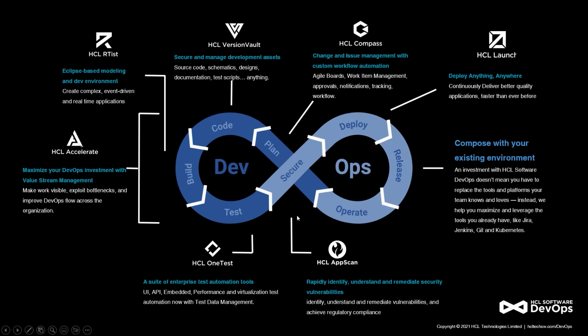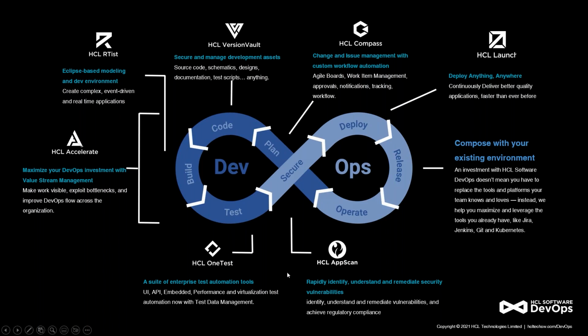But throughout the DevOps cycle, whether it is in your planning stage for workflow automation, source code management, or things like value stream management, during your code, build, or deploy phase, we have different DevOps products that help with these different aspects of your development lifecycle.